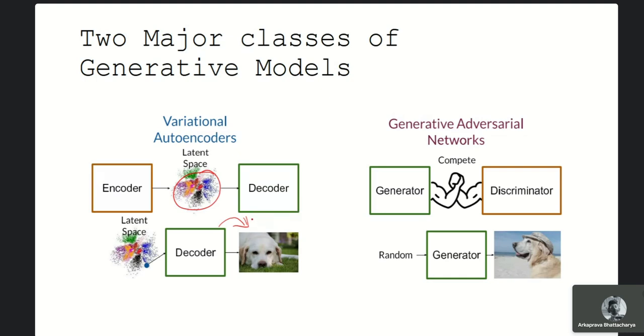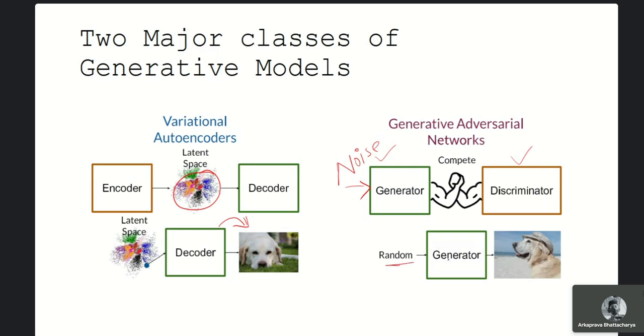Whereas GANs work differently. GANs also have two models: one is the generator model and the other is a discriminator model. Both are neural networks. The generator takes some noise as input and outputs an image of a dog.